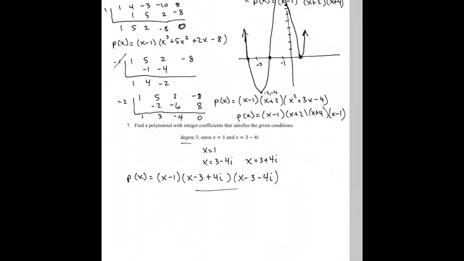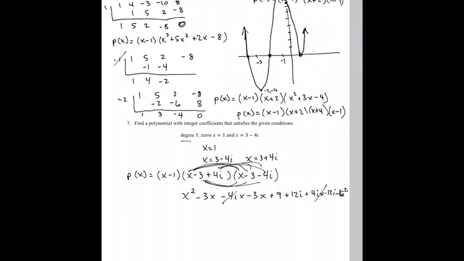And then I would multiply these two together first using distributive properties, so x times x, and then x times negative 3, and x times negative 4i, and then negative 3 times x, negative 3 times negative 3, and negative 3 times negative 4i, and then 4i times x, then 4i times negative 3, and then 4i times negative 4i is negative 16i squared.